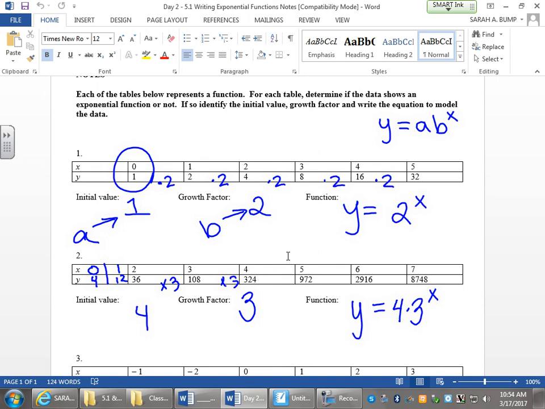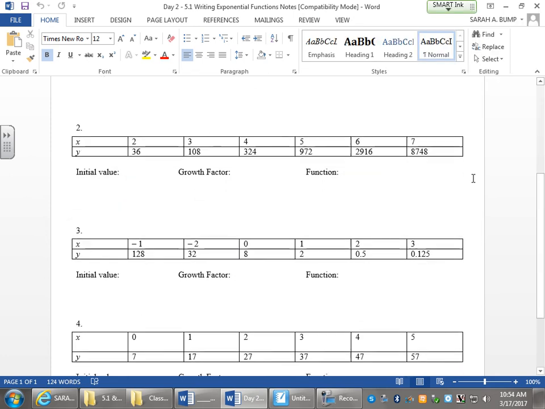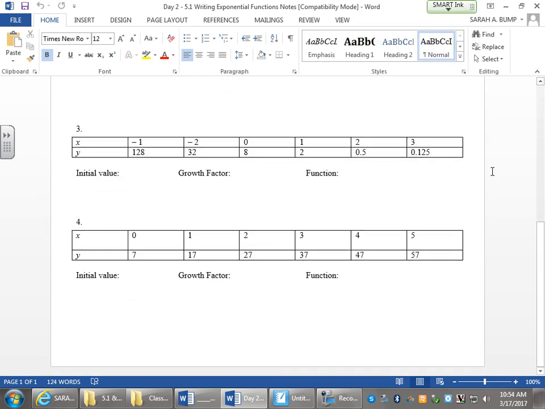So 2 more of these. So what's happening in number 3? From left to right in the y values. We're dividing by 4. Okay?